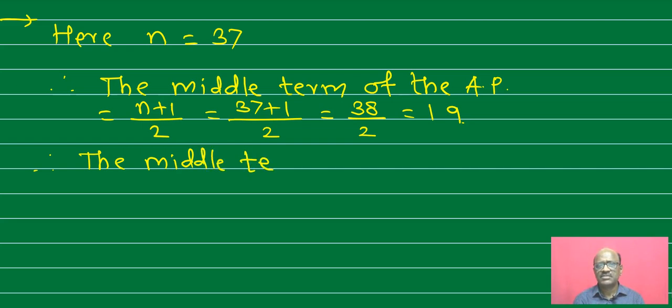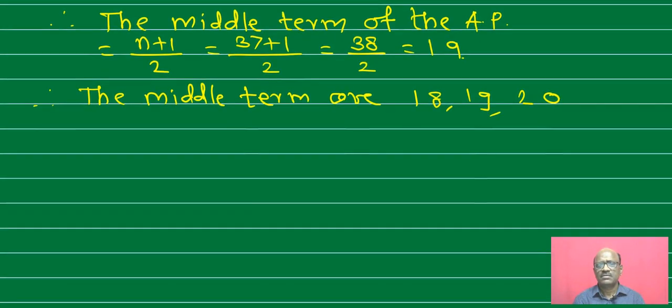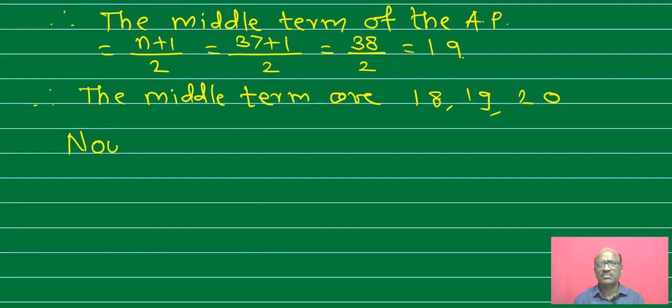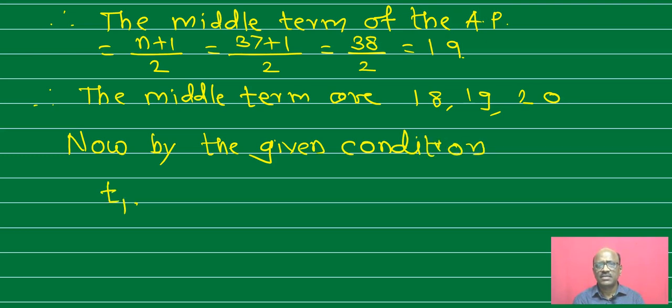The 19th is the middle term. Therefore, the term before the middle term is 18 and after the middle term is 20. Now by the given condition, T18 plus T19 plus T20 is 225.